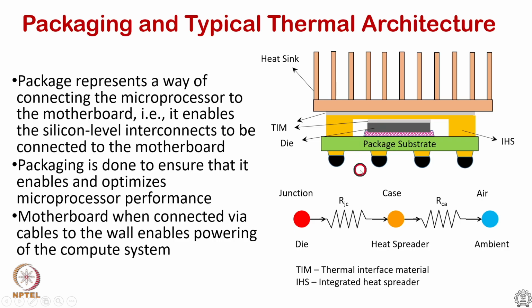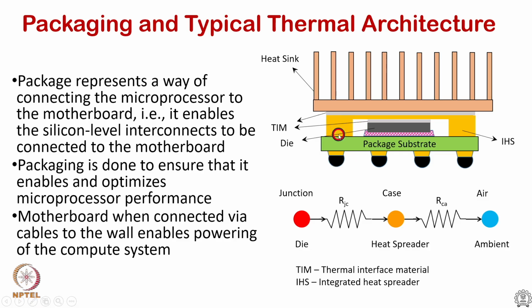The package substrate is made up of an insulator called FR4 and copper planes. There are n number of those planes depending on the product segment. So, it is a composite material and an anisotropic material, this package. It is affixed to this package, and that package is connected to the motherboard through these solder balls. These balls are the way to power the package. The electrical power enters through these solder balls and goes into the package and gets delivered to the various components of the microprocessor, the transistors.